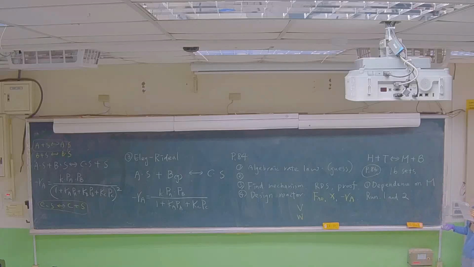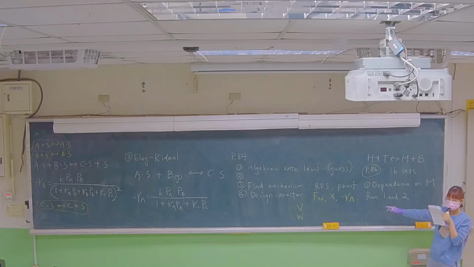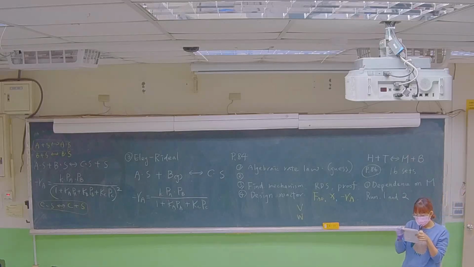So if you have to do the same thing as mine next week, you will see a table, and you have to tell me what are the rounds you choose to find the relation. So here I show you, please see round 1 and round 2. Okay, so you can go back to the table. For round 1 and round 2, you can see PT is the same, right?